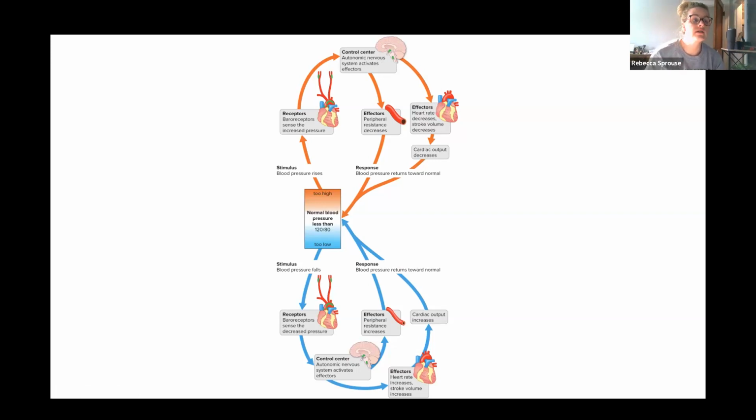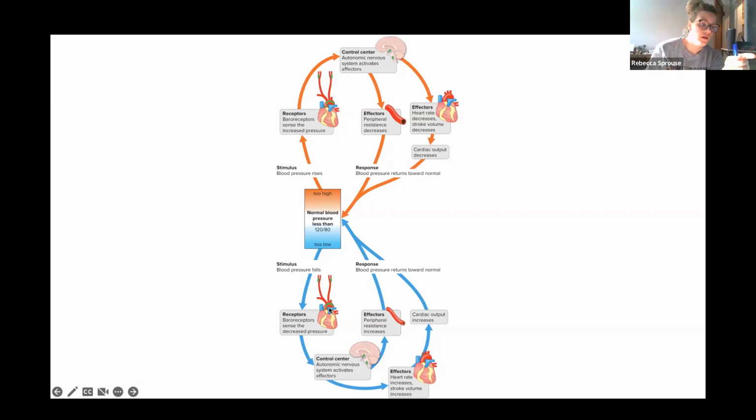Peripheral resistance will also decrease, and to accommodate that increased blood pressure, sometimes you're going to have vasodilation in the systemic vessels. We talked about vasodilation last week; it's just to accommodate that high pressure moving through those arteries so that they don't have to stretch as far. We keep them dilated so they don't have to go through that stretch and recoil, and then hopefully our blood pressure returns to normal.